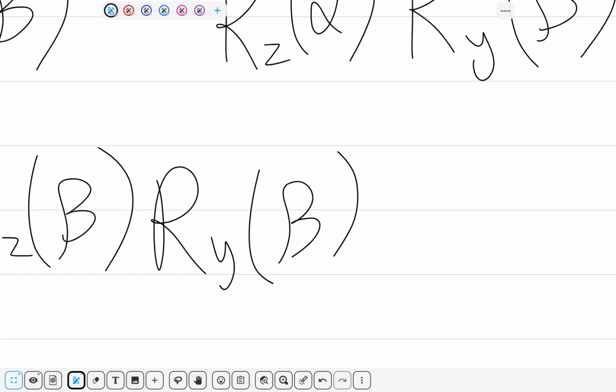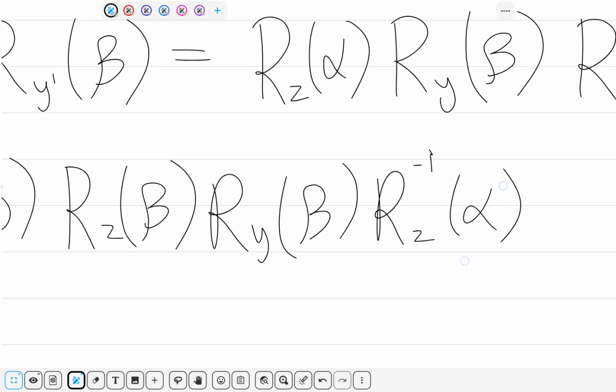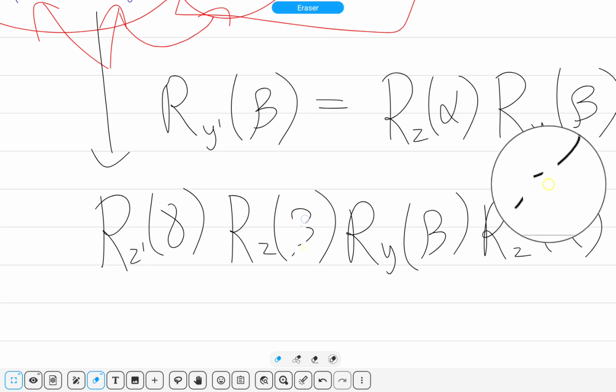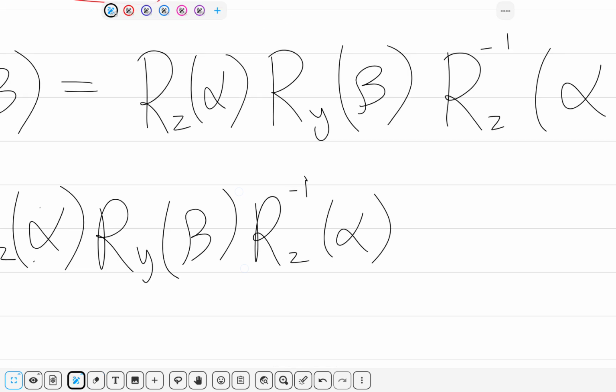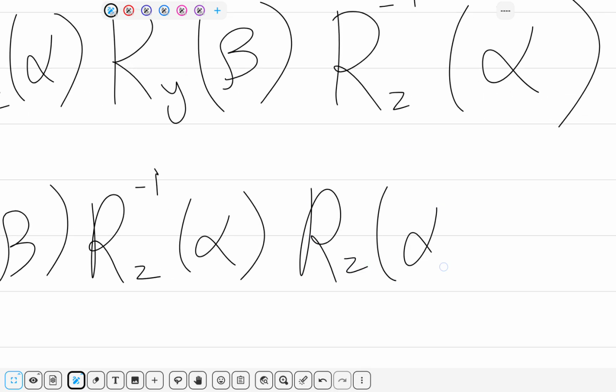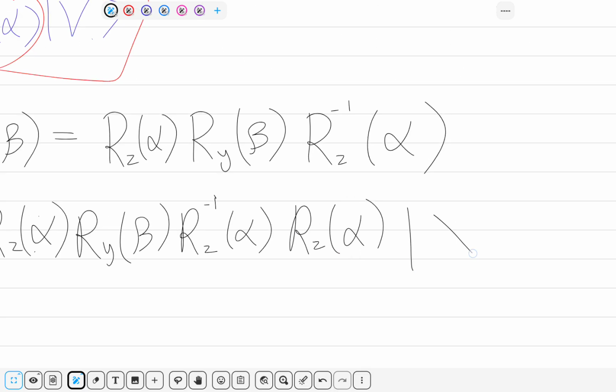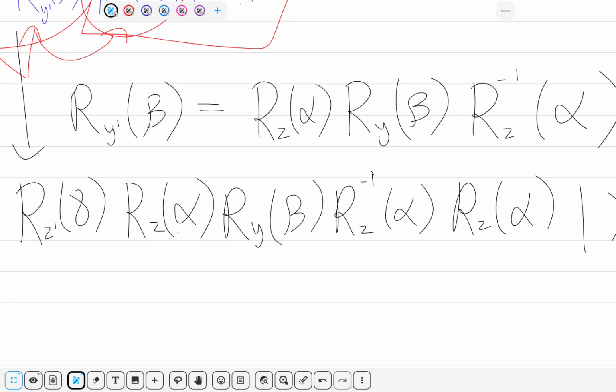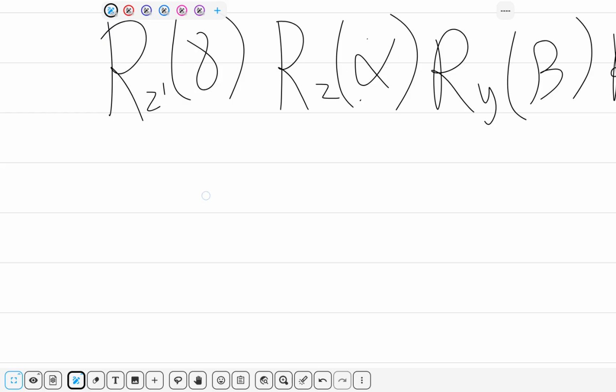Rz inverse of alpha, and Rz of alpha, and then finally the state. So these are inverses of each other, and now we have this.